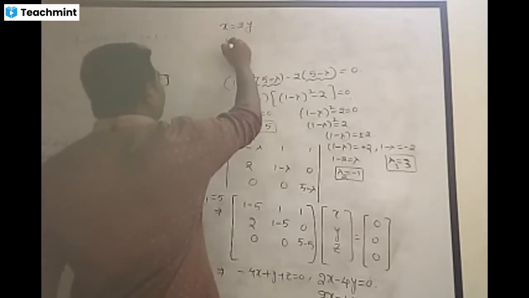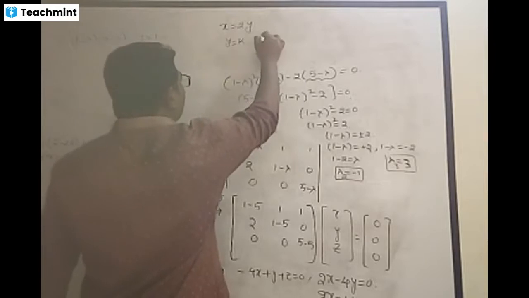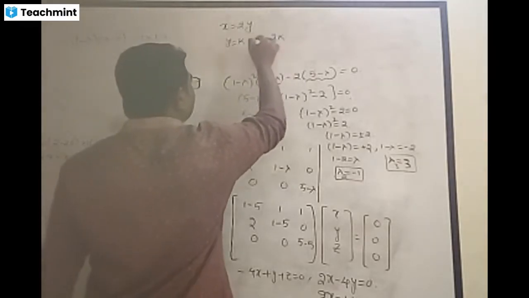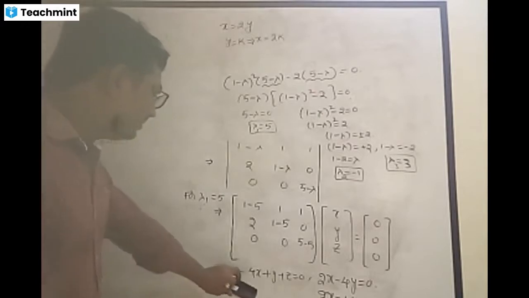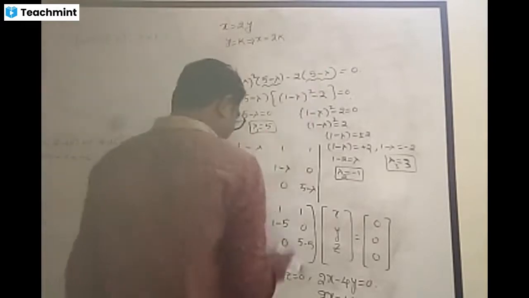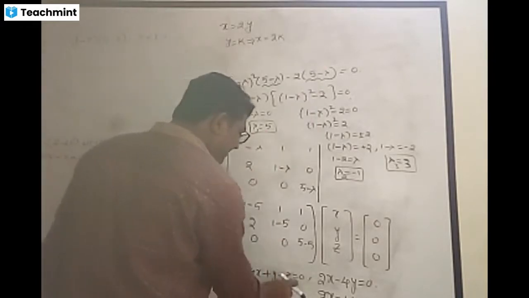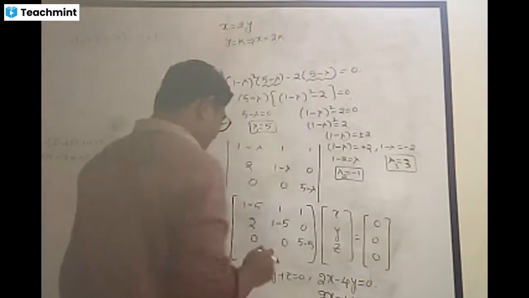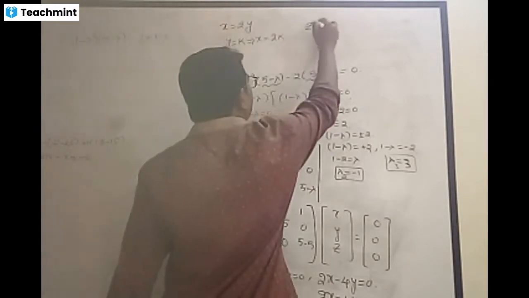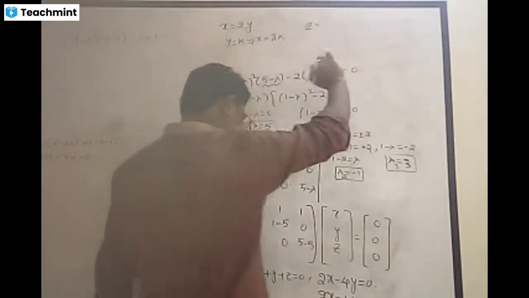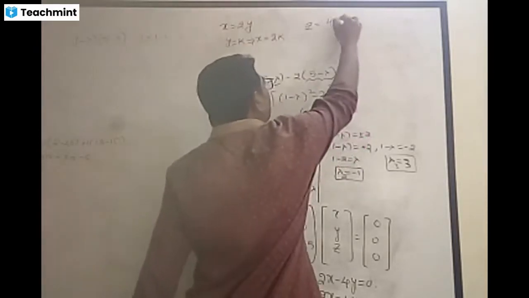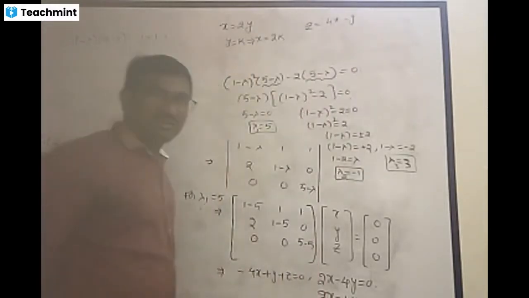I can write y equals k, so that x equals 2k. Next, from the first equation, minus 4x plus y plus z equals 0, I can write z equals 4x minus y.